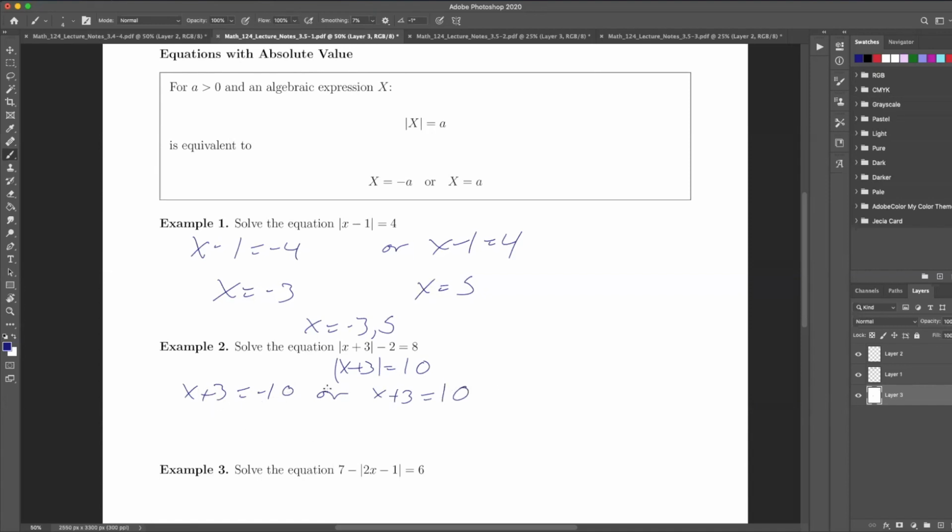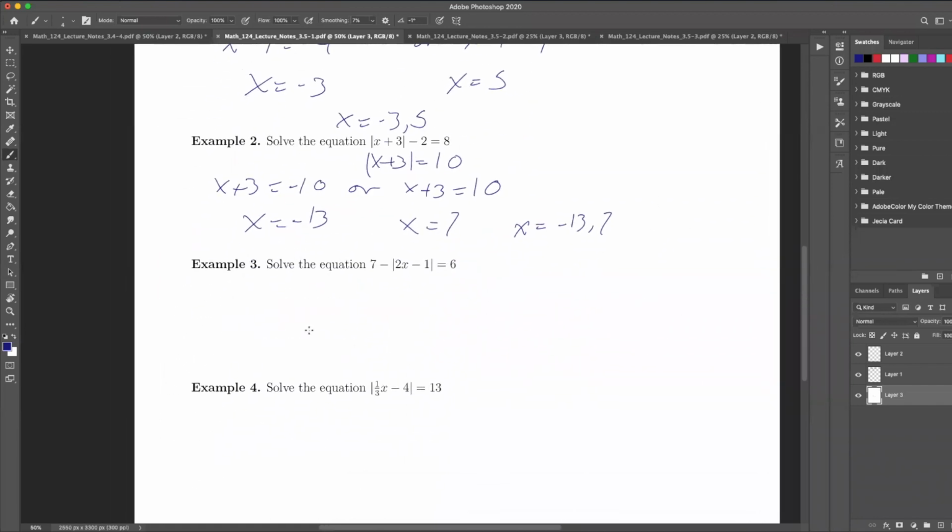So it's either minus 10 or positive 10. Here, when we solve this through, we'll get x is equal to minus 13. Here we'll get x equal to 7. And those are your answers, right? x is equal to minus 13 or 7.